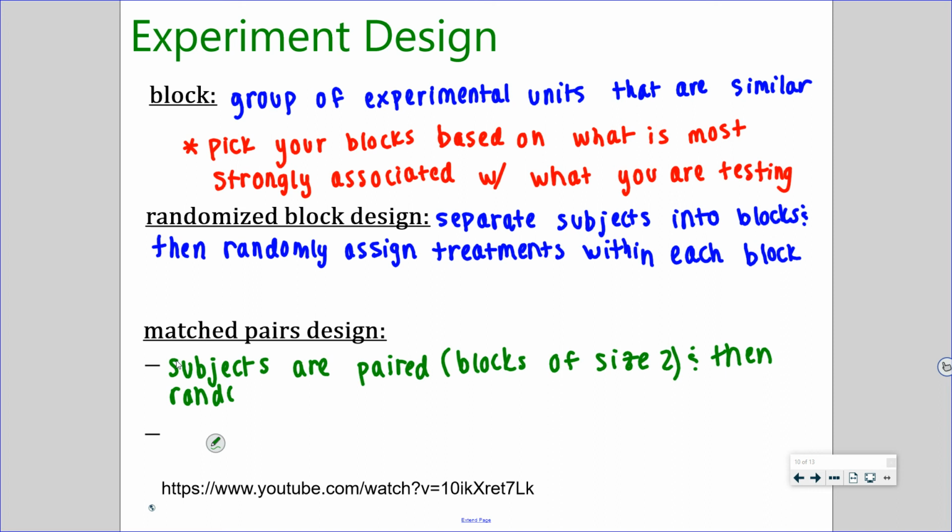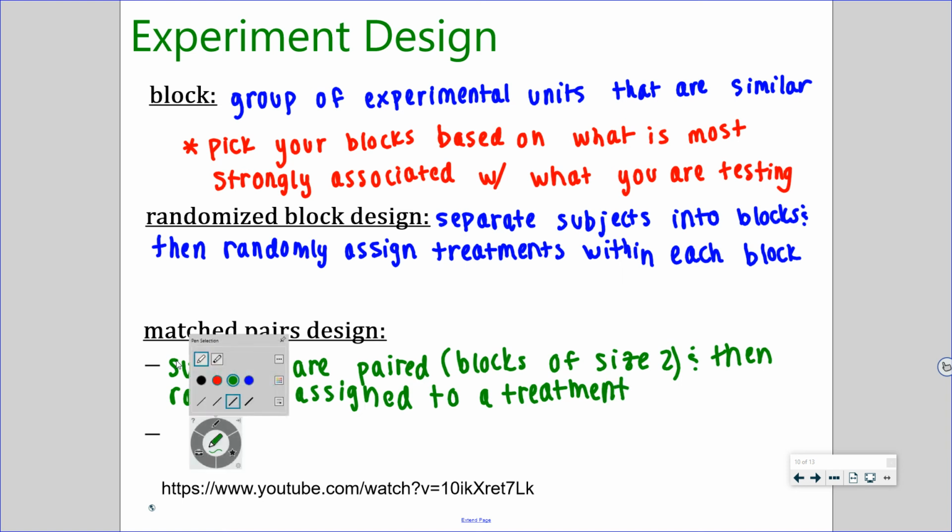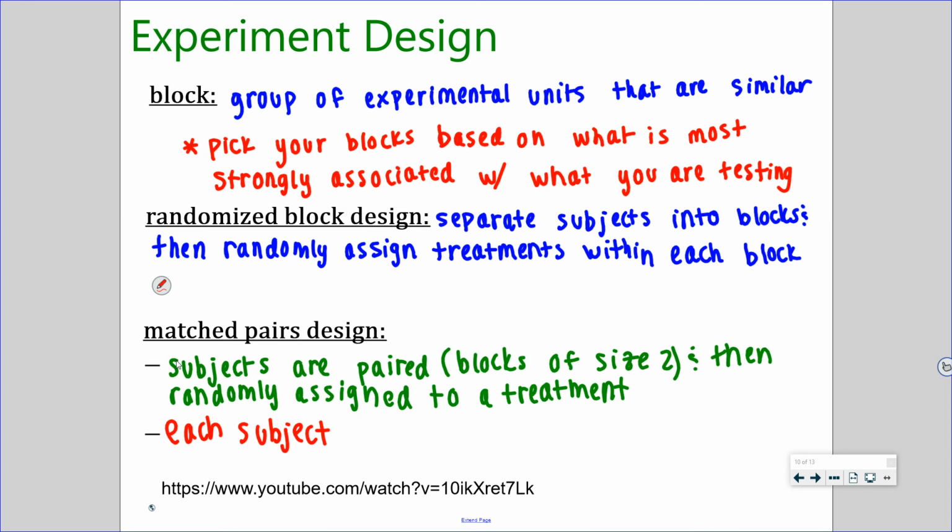Oh yeah, I kind of remember the difference with this one. Each subject receives 2 treatments. I think in this video the example they give is about driving a car, or maybe I read that somewhere else.